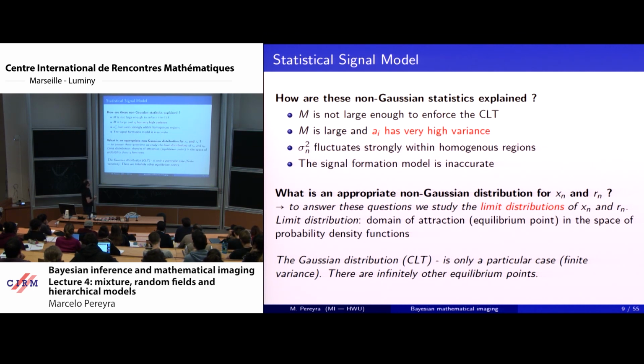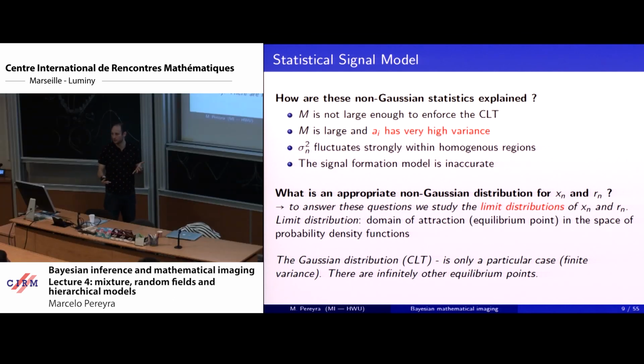The other idea is that the central limit theorem likes random variables to be equally distributed. So if they're very uneven, or particularly if their variance is very large, this can delay the central limit theorem. So even if you have a lot of variables, if their variance is very large and their distribution is very non-Gaussian, it can take a long time for the central limit theorem to bring it to a Gaussian. So that could be an idea.